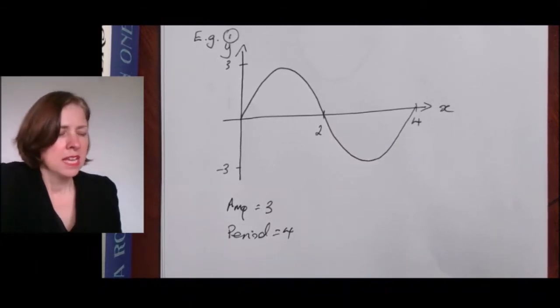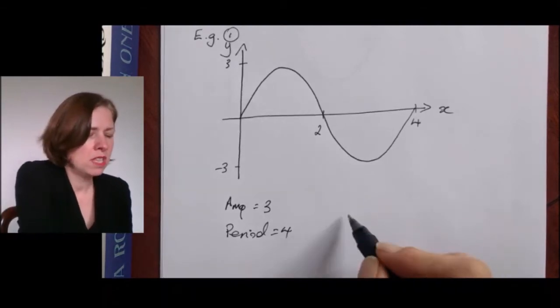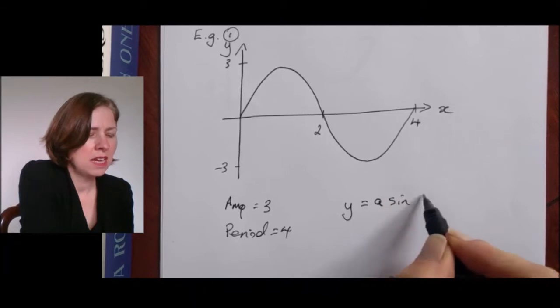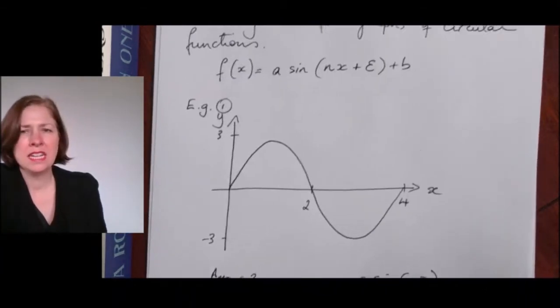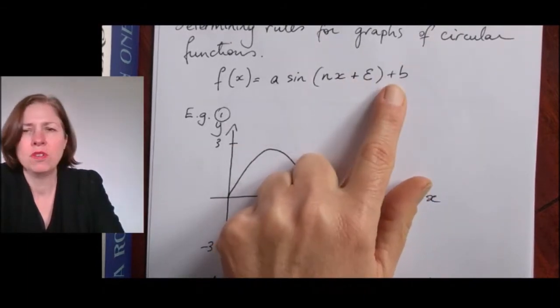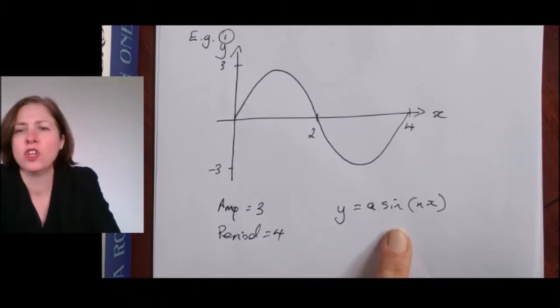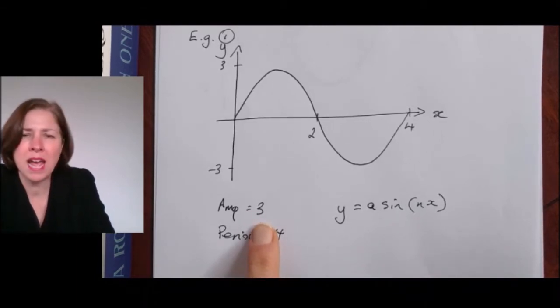All right. So what I'm going to do here is use this version of my equation, y = a sin(nx), because I don't need a horizontal translation and I don't need a vertical translation. So I need to find a and I need to find n. Now a is easy, it's going to equal my amplitude.